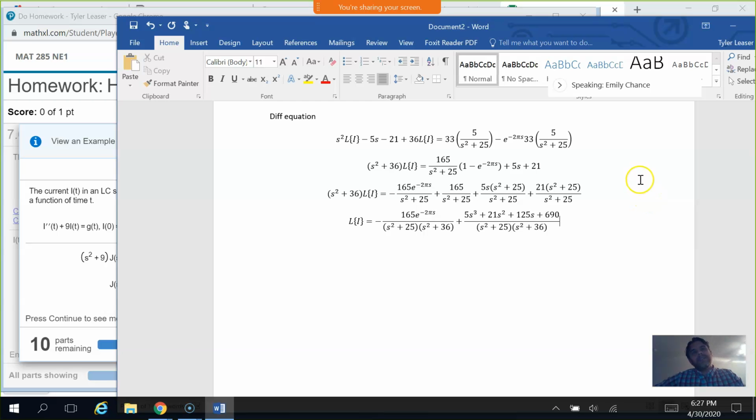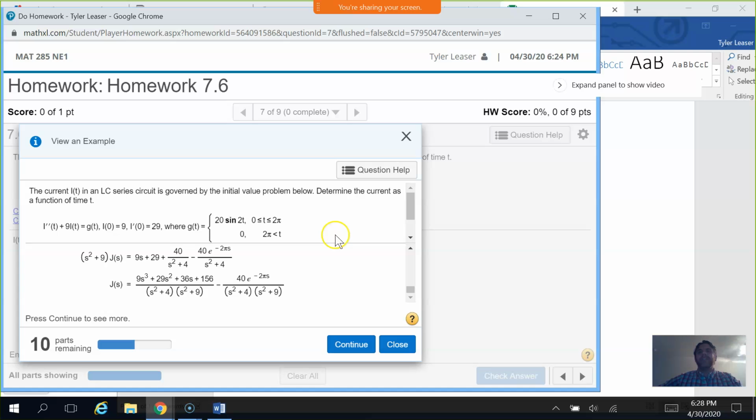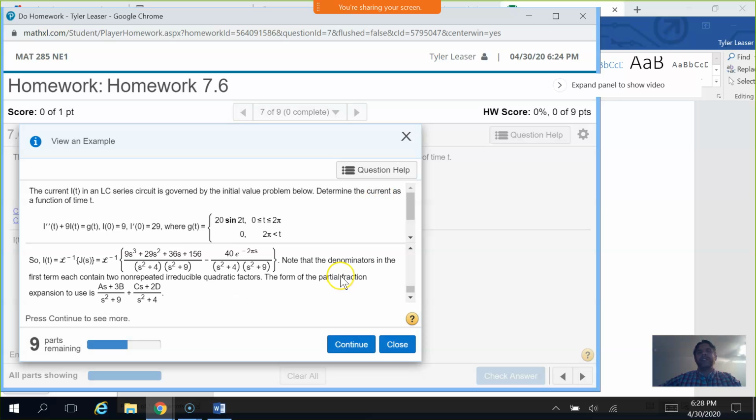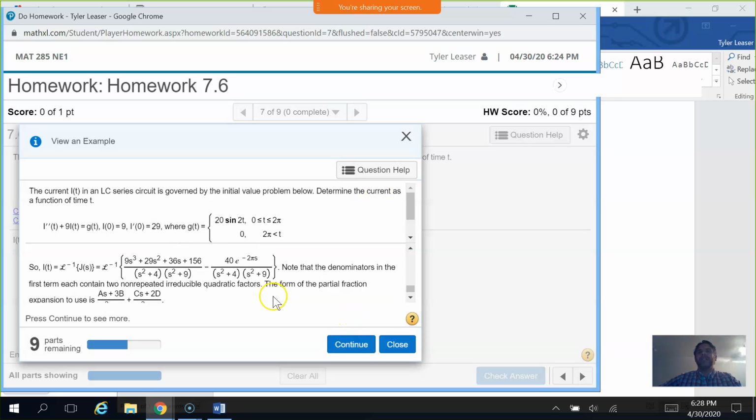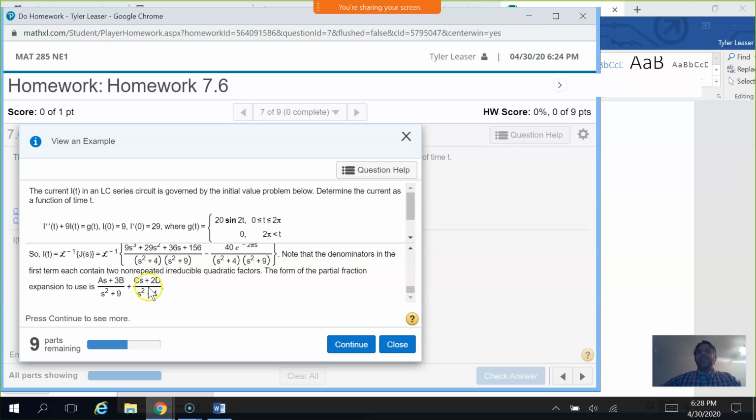Okay, next, partial fractions over here. We cannot do partial fractions here unless we take out that e thing. But if we take out the e thing, which we may have to do, and then do partial fractions for it, now that I'm looking at it, I think that is what we're going to have to do. So just going back to the view and example, yeah, they break it down so that it's the partial fractions of both.